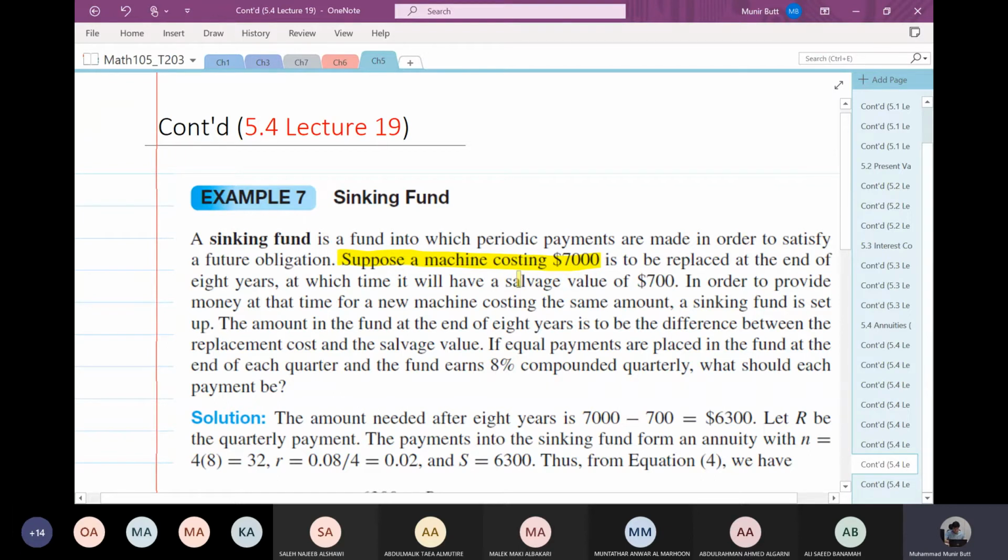At which time it will have a salvage value of $700. So what is meant by the salvage value?